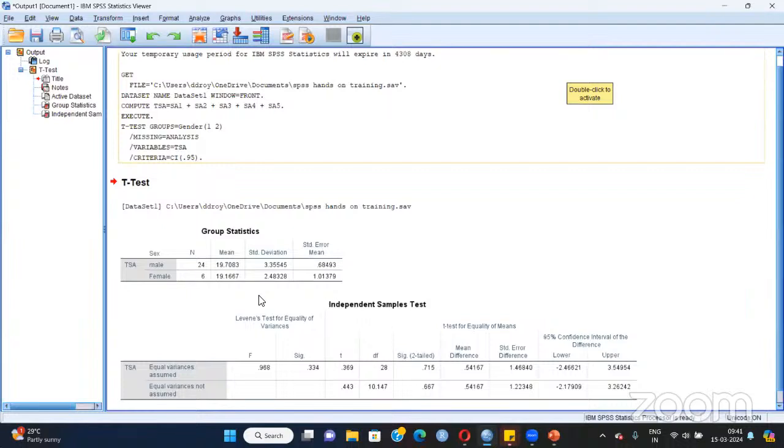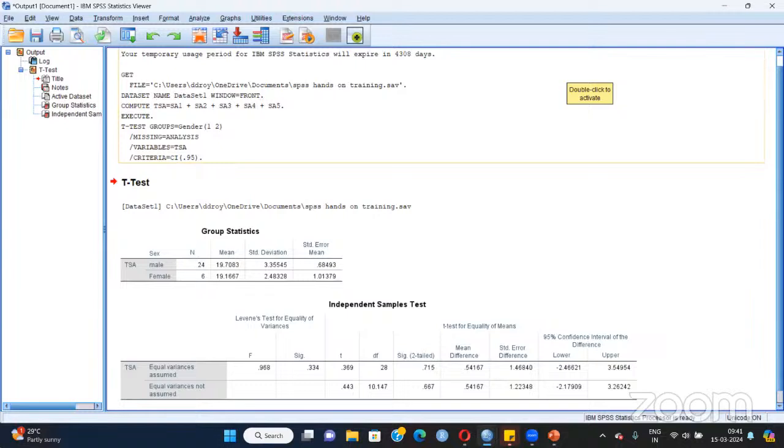So here you can find out that 24 male participated and 8 female participated. And the self-awareness value is relatively higher than the female.